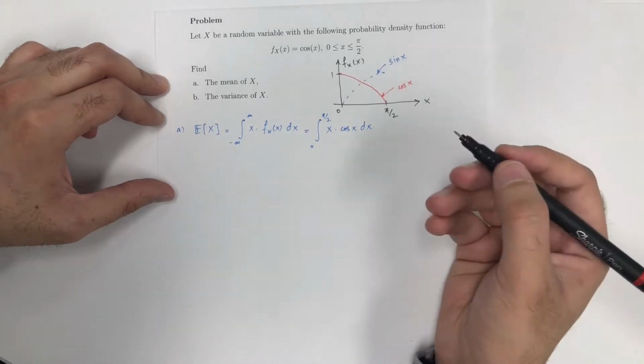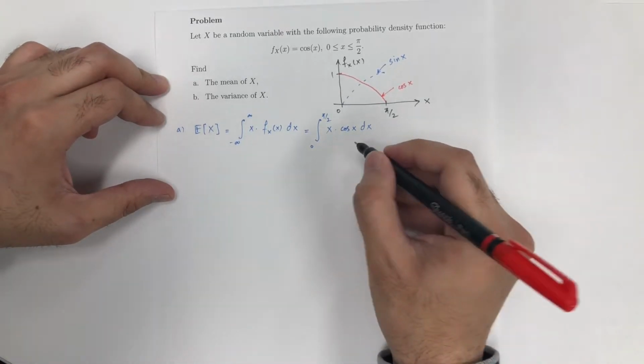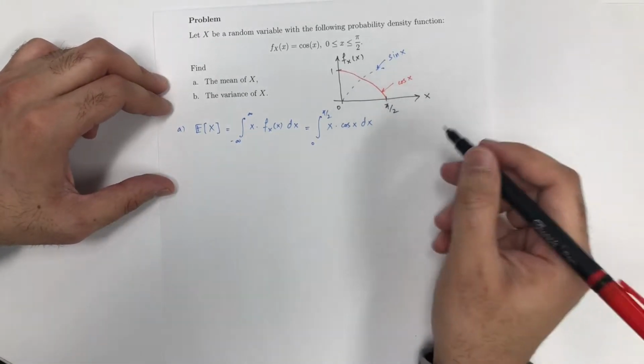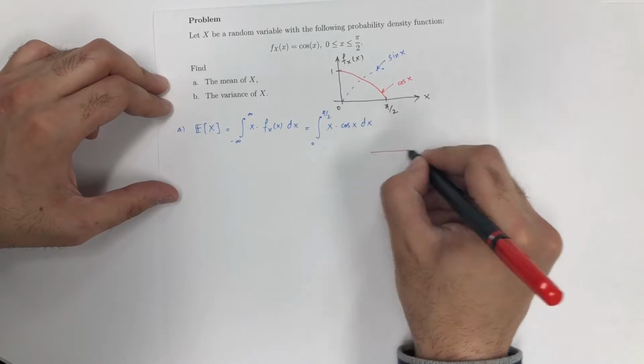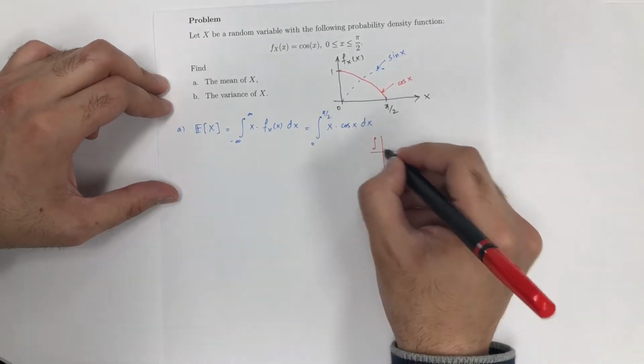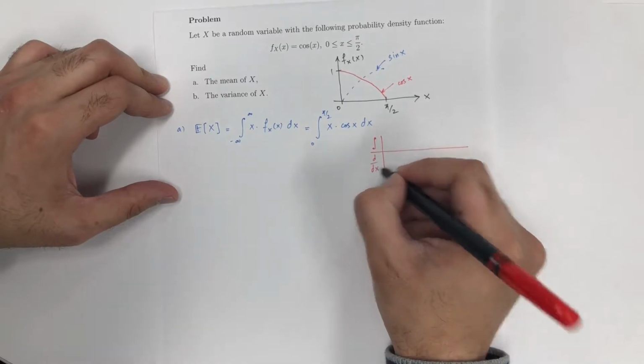So we have to pick a first function and a second function, and the first function we have to keep integrating, and the second we keep differentiating. So let's construct a table where you integrate some functions and take derivatives of the others.